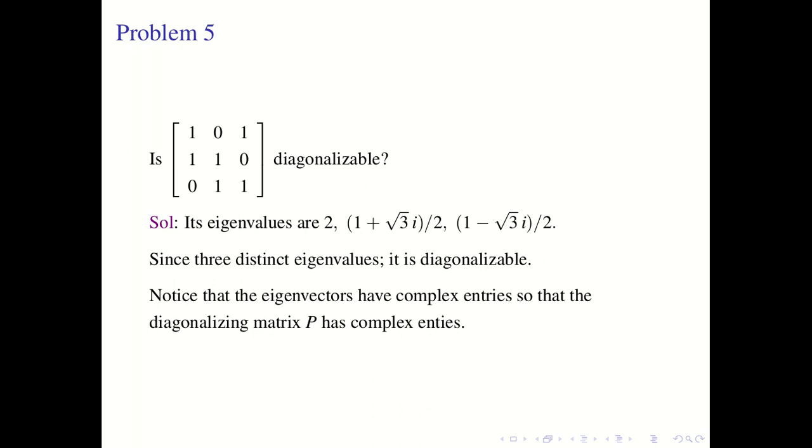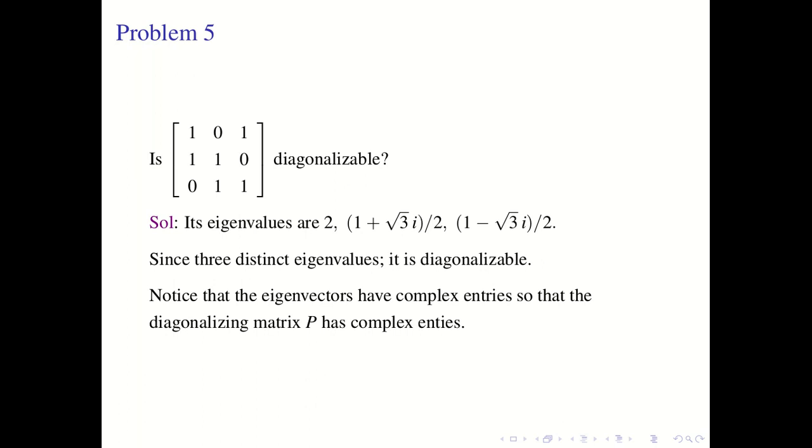Now the eigenvectors have complex entries, so the diagonalizing matrix P will also have complex entries. Now for each eigenvalue lambda, solve Ax equal to lambda x and compute P. Okay, we leave that job to you.